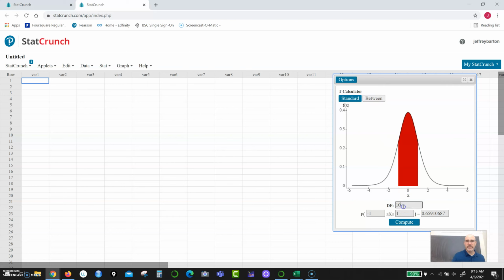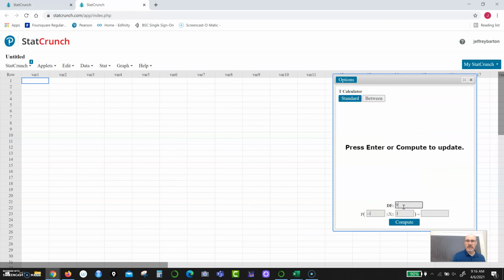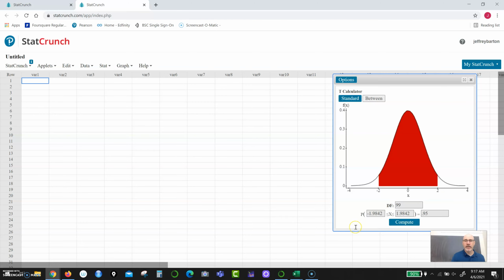So my degrees of freedom is 99. And I'm looking for the cutoff that gives me the middle 95% of the t-distribution with 99 degrees of freedom. So my middle area is 0.95. And when I compute that, I get minus 1.98 to 1.98.